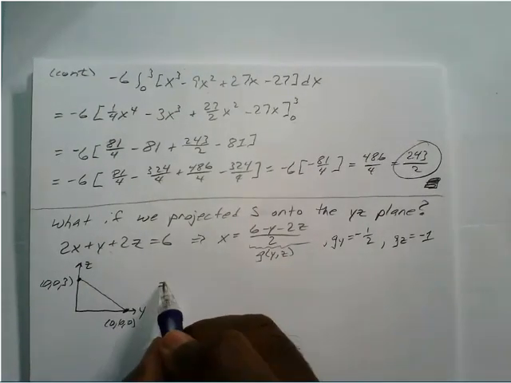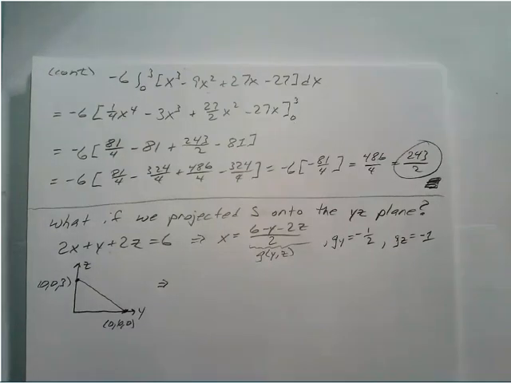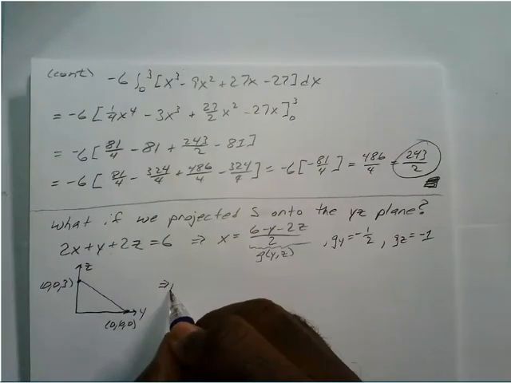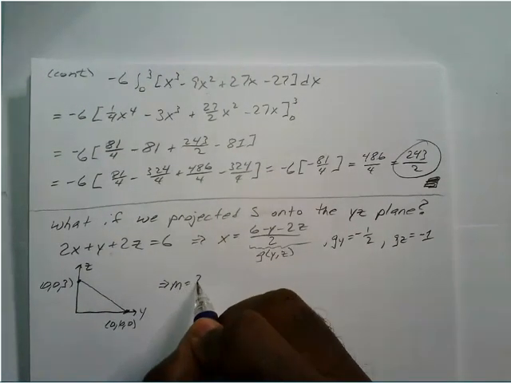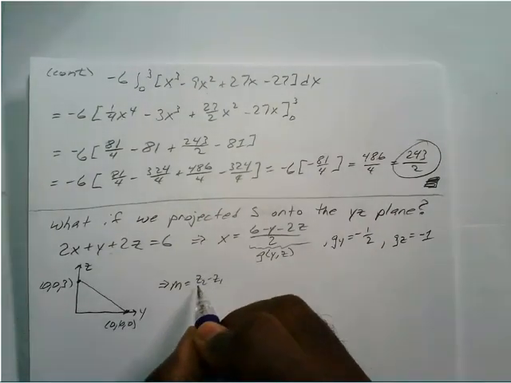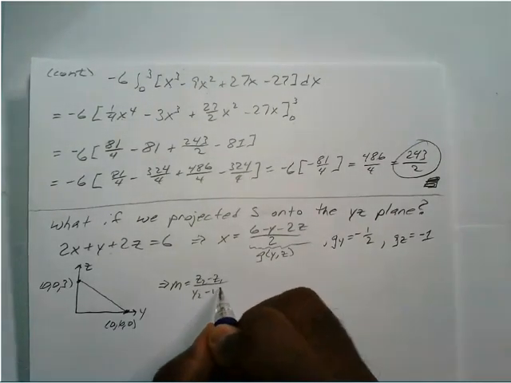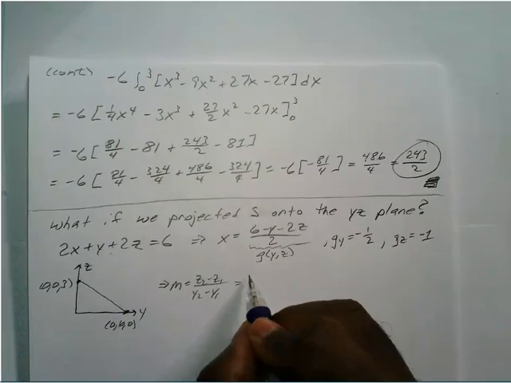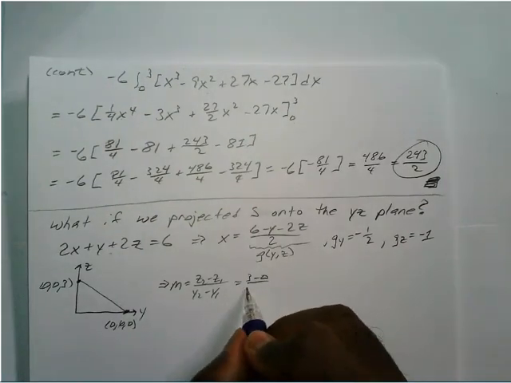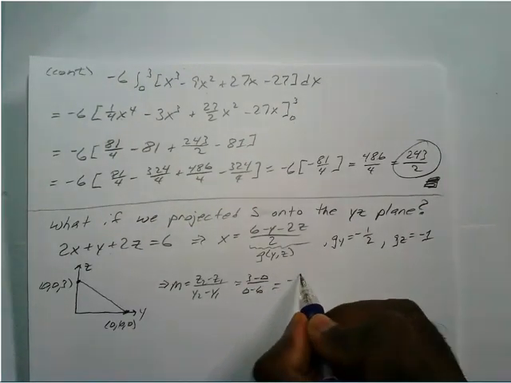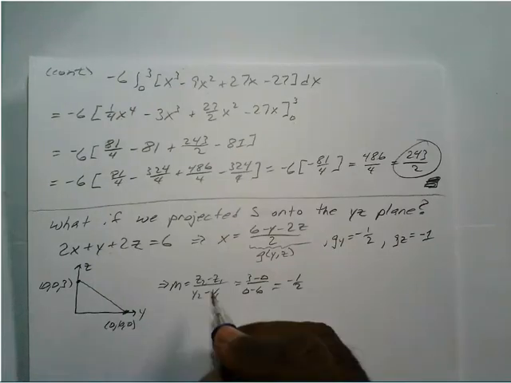So that means we want to find our formula. And that slope is going to equal z2 minus z1 over y2 minus y1, which is 3 minus 0 over 0 minus 6, which is negative 1/2.